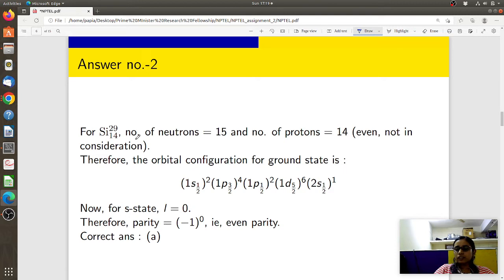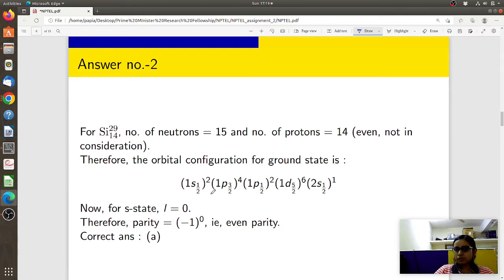As the number of protons is not a valence nucleon, the main responsible one for the parity or the spin or whatever you can say about the nucleus property is that 15th neutron. Therefore, the orbital configuration for the ground state according to the shell model we can write like that: 1s1/2 2, 1p3/2 4, 1p1/2 2, 1d5/2 6.